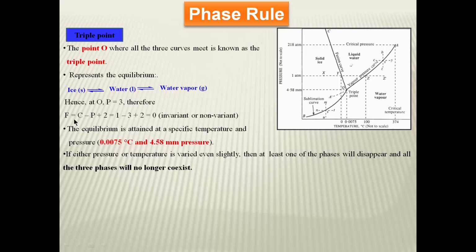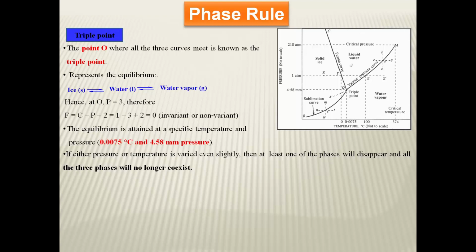If you apply the phase rule to this triple point, the degrees of freedom are evaluated to be 0. That means the point is invariant or non-variant. The point is invariant or non-variant means that this equilibrium is attained at a specific temperature and pressure.